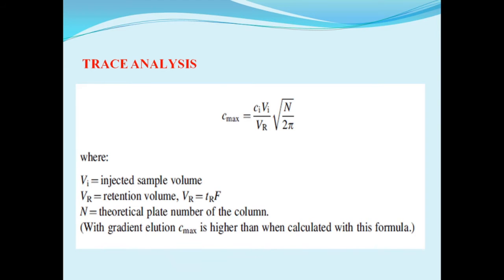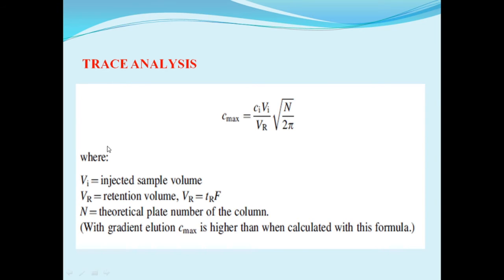Under isocratic conditions, the concentration at the peak maximum, that is C max, is lower than in the injection solution. Injection solution means Ci. This small Ci is the injection solution.